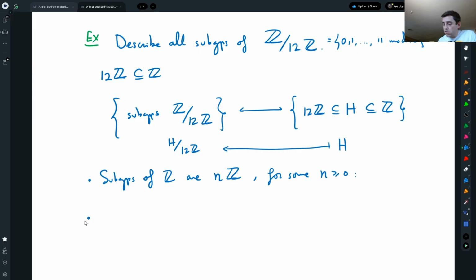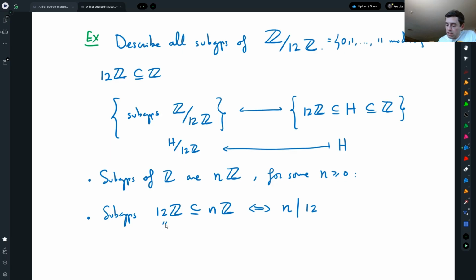But I want the subgroups that contain 12Z, and if they contain 12Z, that means that n has to be a divisor of 12.